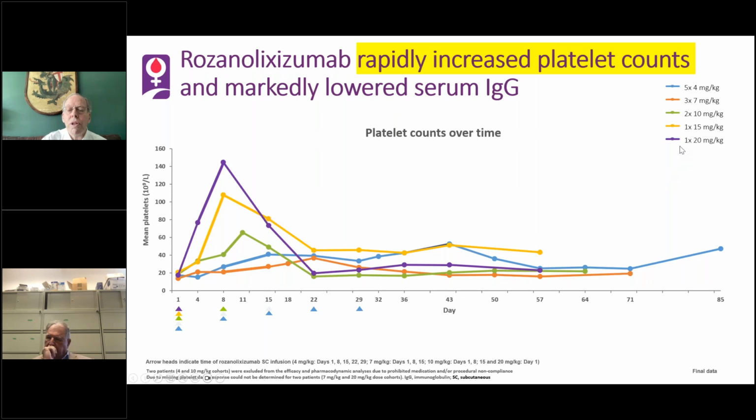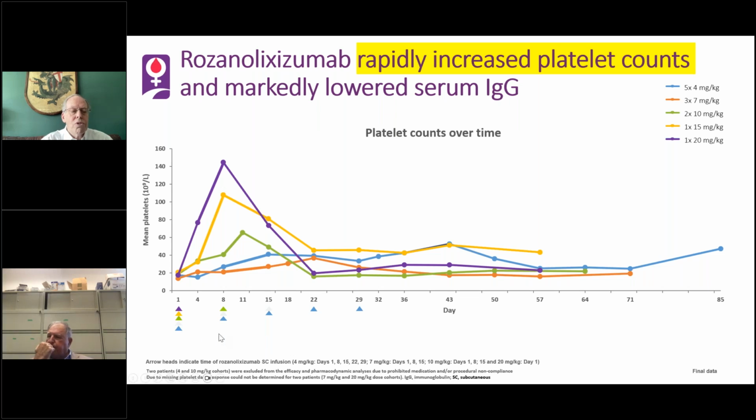Focus on the purple one, which is the single highest dose in that study, 20 milligrams per kilogram. And what you see here is that in 3 days, the mean platelet count in the 10 people getting it, as opposed to those getting placebo, has a mean increase of 60,000, even though at a week it keeps going up and is much higher.